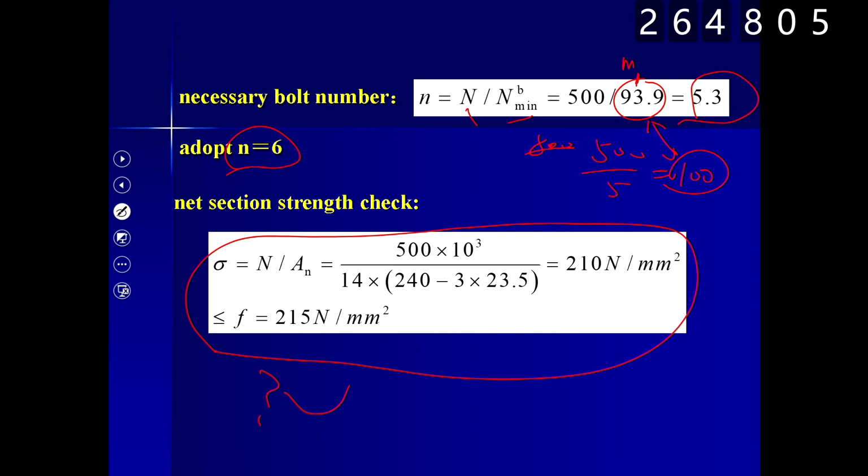It's dangerous. Now, why here should we also do the calculation to check the strength is enough? What does that mean?